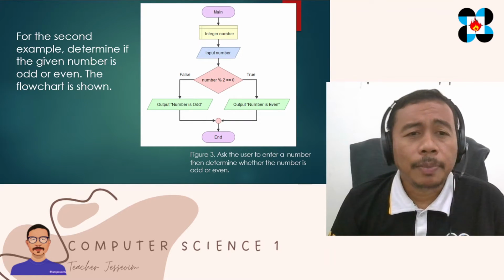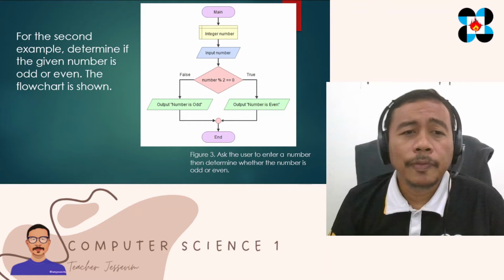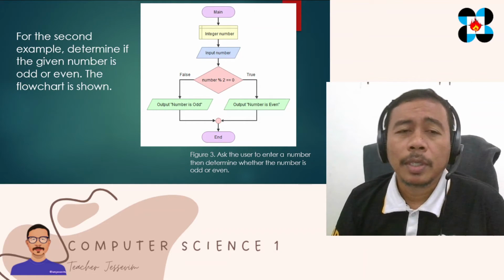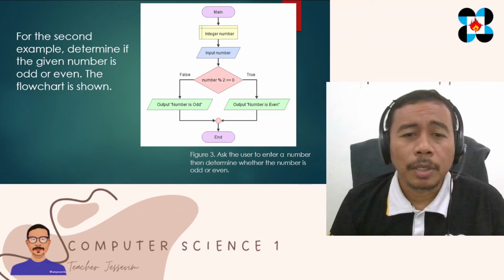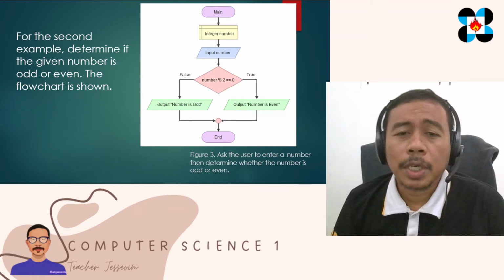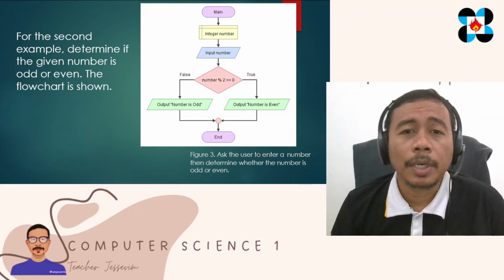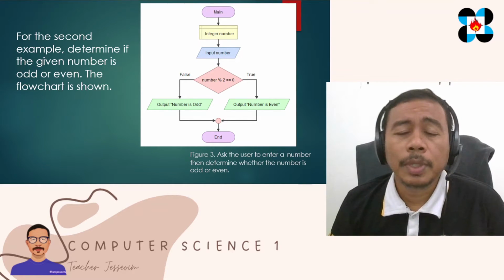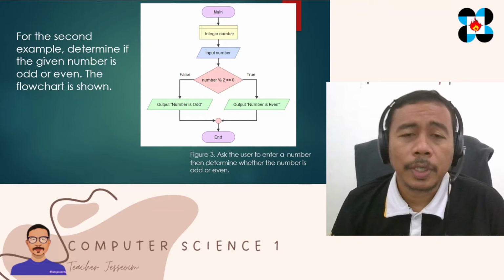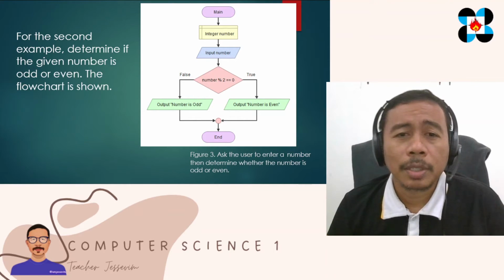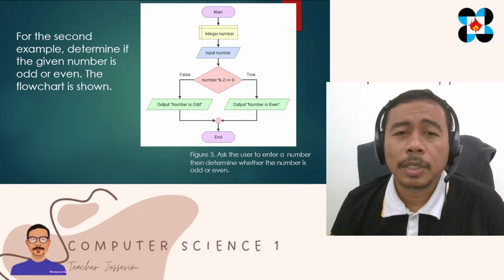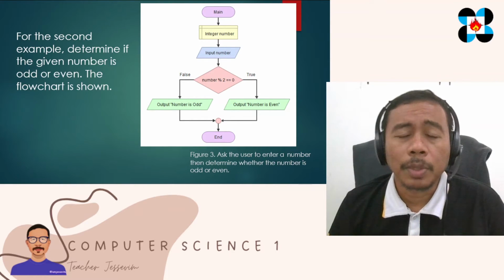For the second example, determine if the given number is odd or even. The flowchart is shown here. So the flowchart or the algorithm here asks the user to enter a number, then determines whether the number is odd or even. So here we have the flowchart, which shows that the number is an integer and we have an input called number.